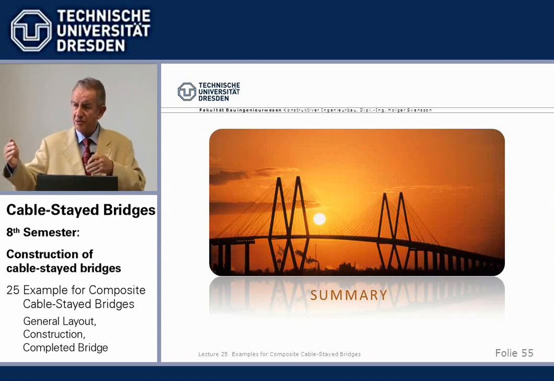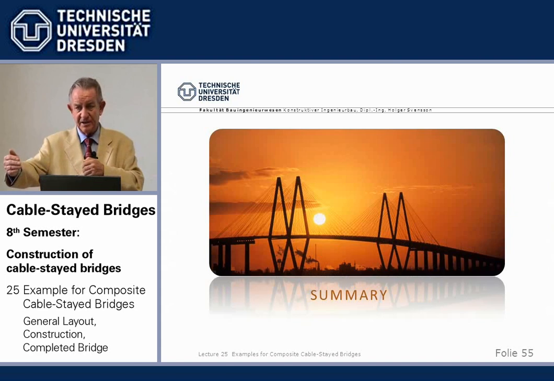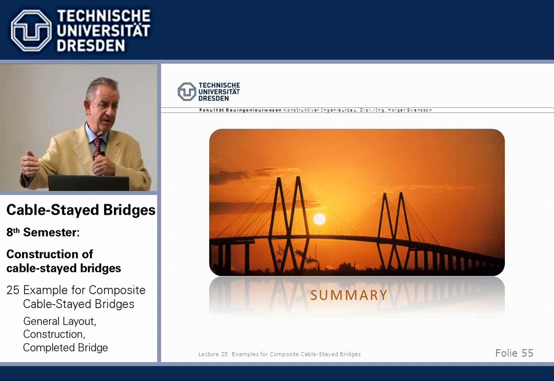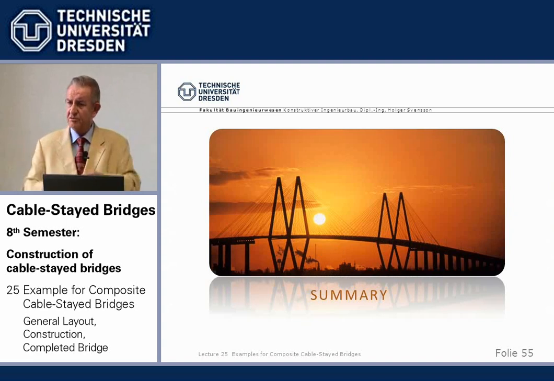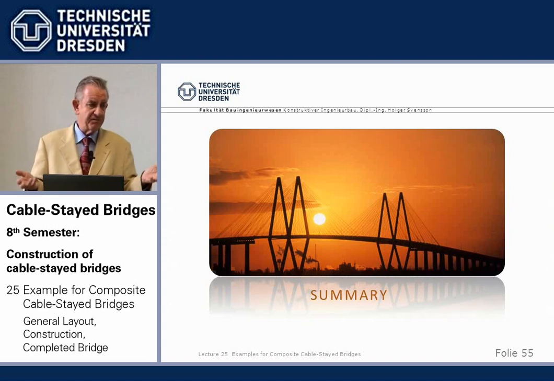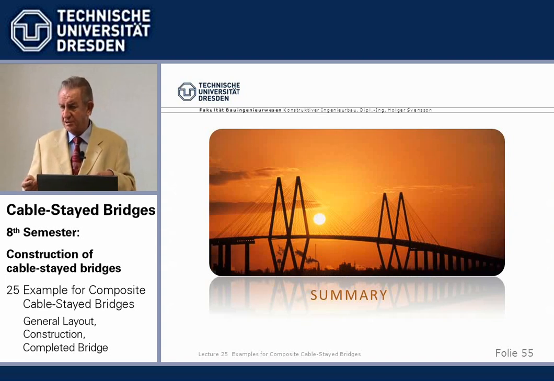Typically, we have the steel grid over the full width, say 20 meters of a bridge, and in a length equal to the cable distance, say 12 meters, so that we have one pair of stay cables for each new beam section. We lift the beam section, range of 60 tons, smaller weights compared to 300 tons I showed you in precast concrete elements. We can use cast-in-place concrete deck.